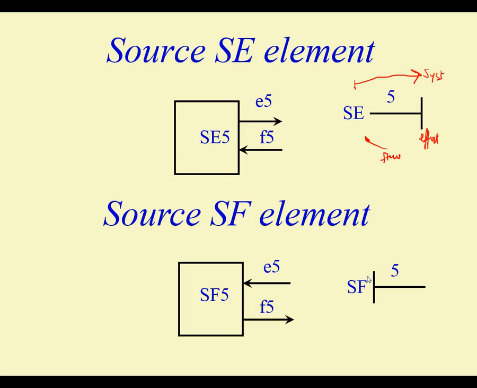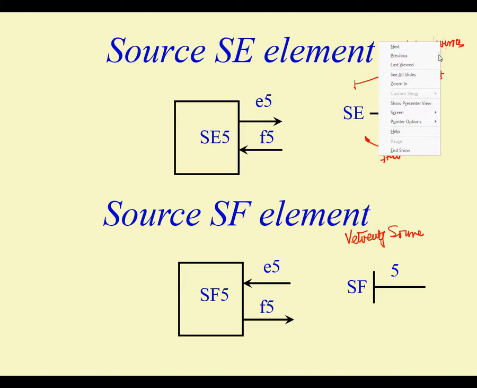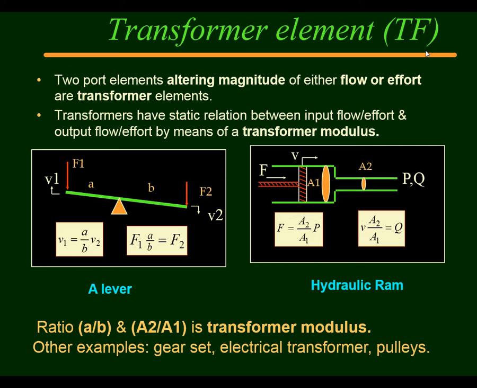This is the opposite. This is like your velocity source. The other one was like a force or voltage. Okay, so those are the two elements, the flow source and the effort source.